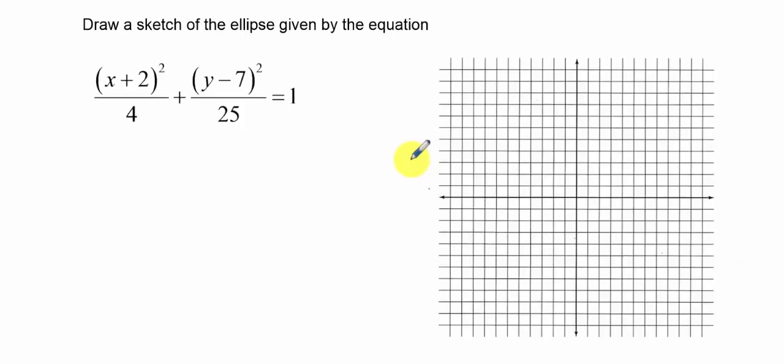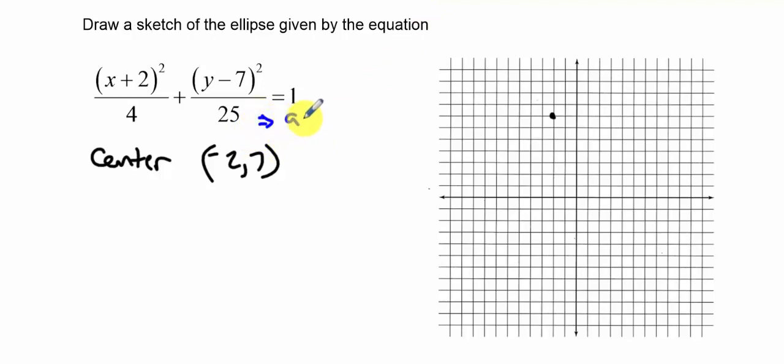In terms of sketching an ellipse, we know the center, (h, k), is equal to (-2, 7). So if I go over 2 and up 1, 2, 3, 4, 5, 6, 7, put a dot there, I know that's my center. I know the biggest term is under the y, so this is going to have a vertical major axis.